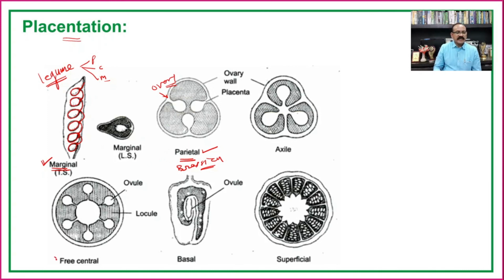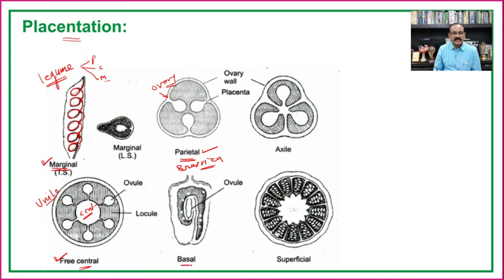The next one is the free central type of placentation, in which the ovary is multicarpellary but unilocular, and all the ovules develop from the central placenta. Such a type of development of the ovules from the central placenta is known as free central placentation.